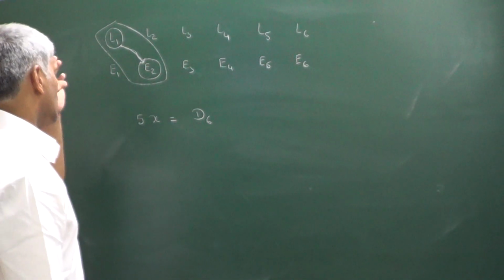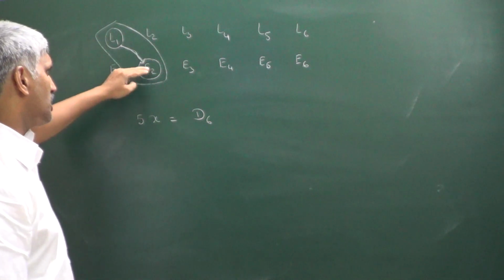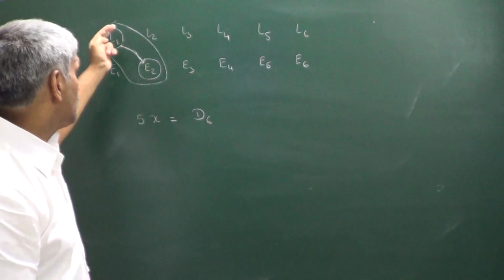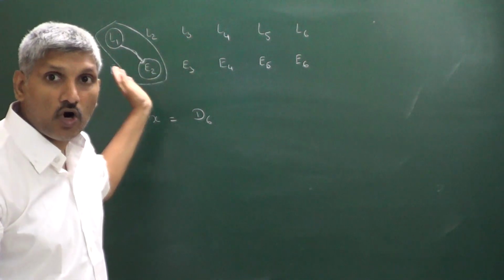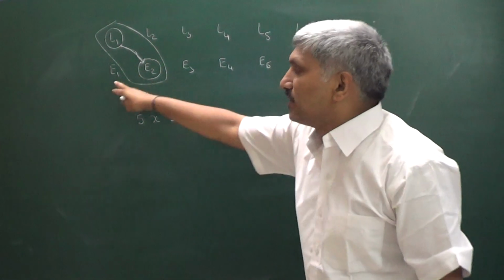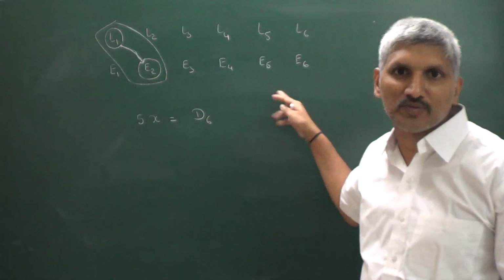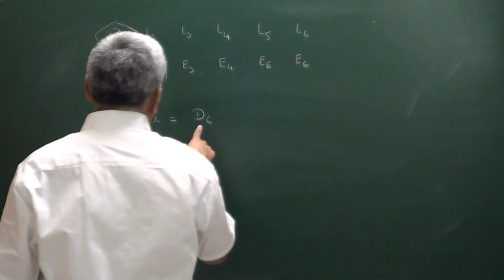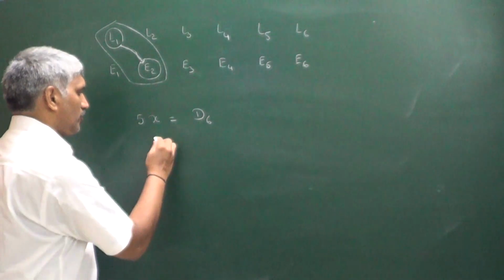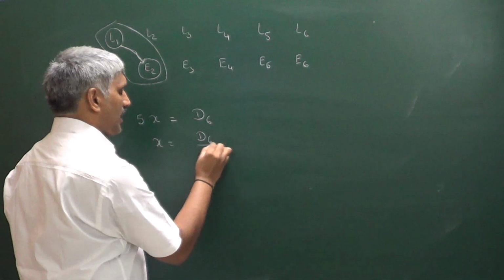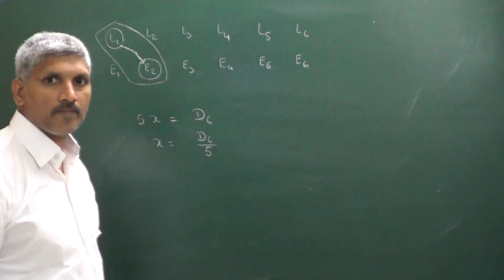That's the reason: the L1 into E2 case, L1 into E3 case, L1 into E4 case, all these together are the 6 letters rearranged in these 6 envelopes. So you will get D6, therefore X is equal to D6 divided by 5.